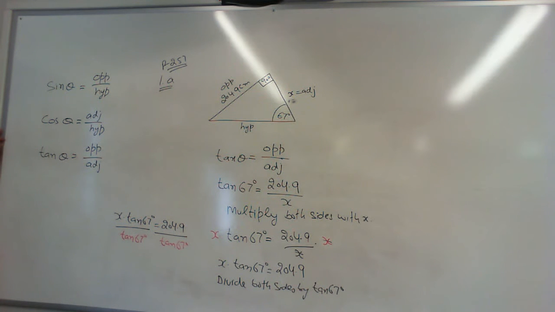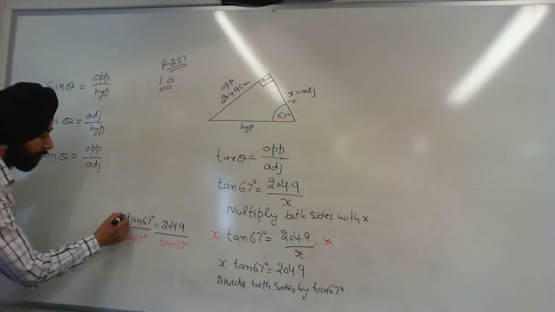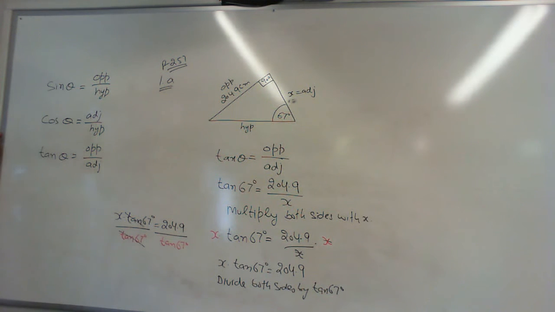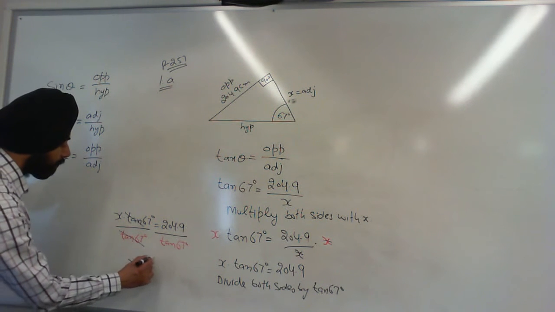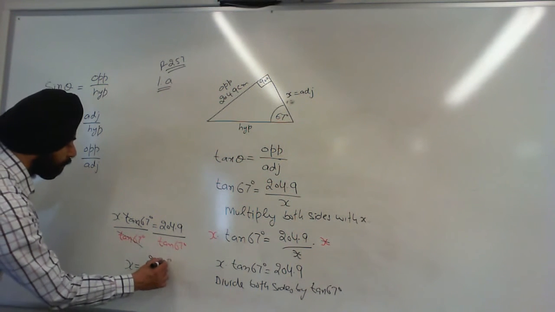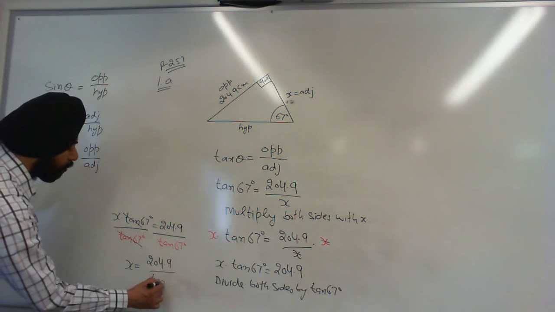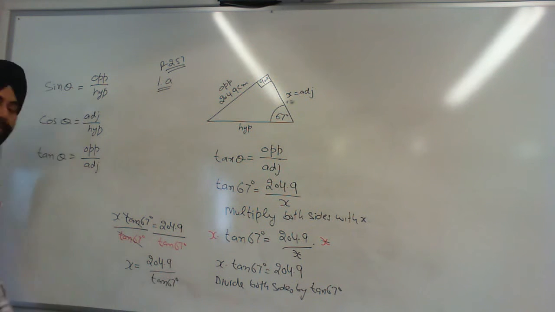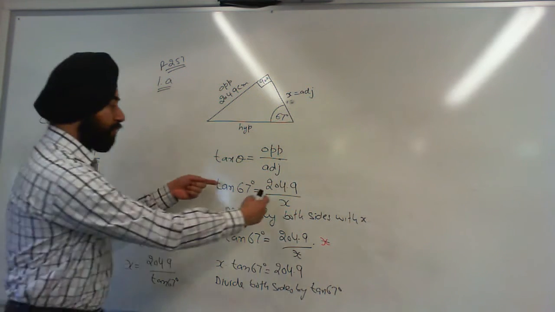So what you can do now? You can cancel tan 67 here. And that leaves you with x is equal to 204.9 over tan 67 degrees. This is the same thing that we had got by switching.